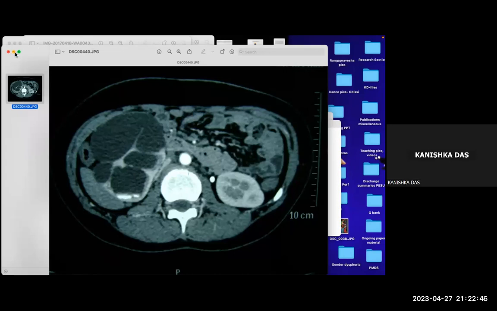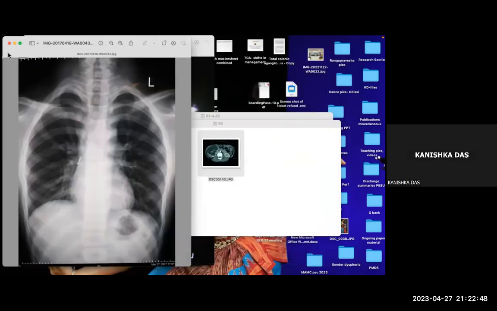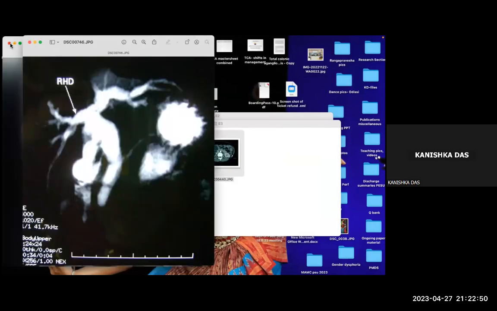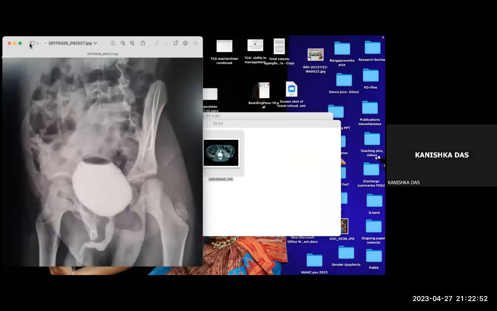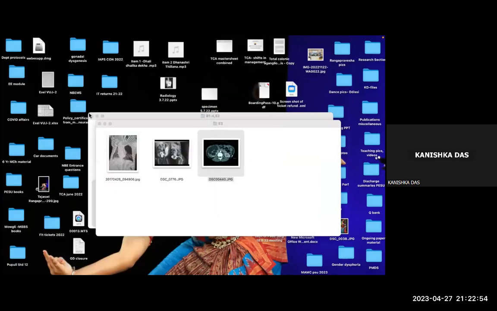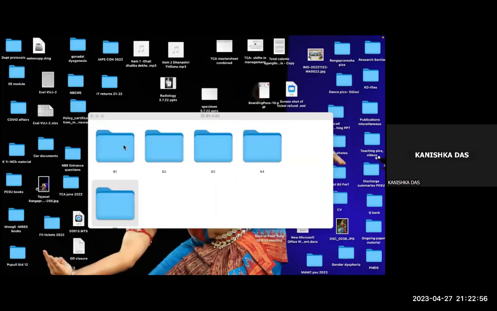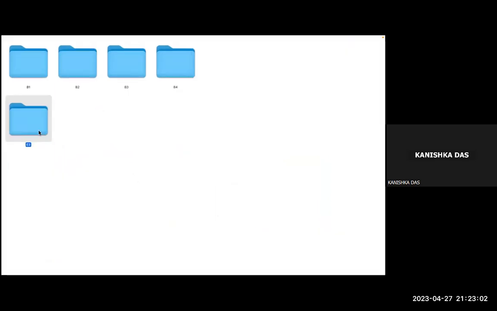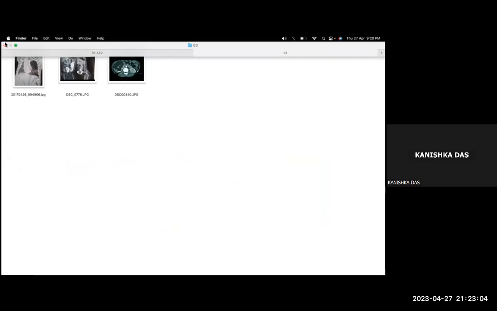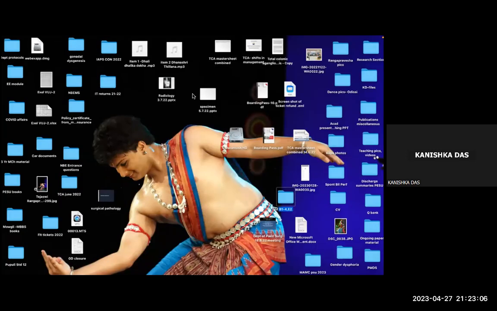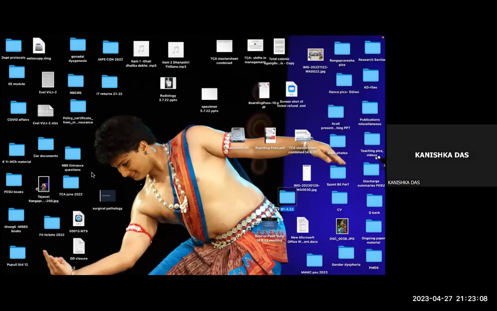Let me show you a diuretic renogram. Looks like we don't have a diuretic renogram in this.